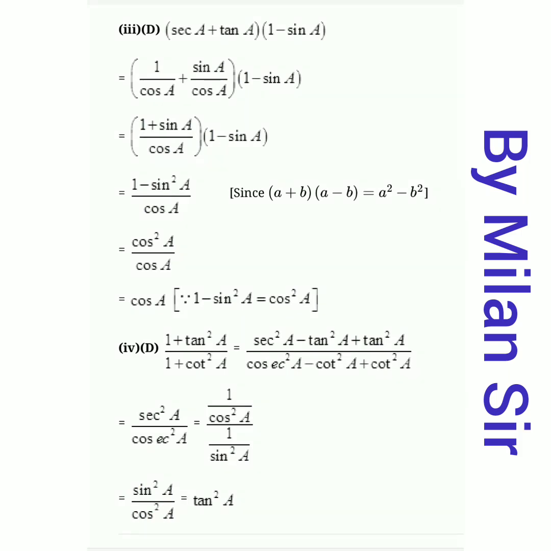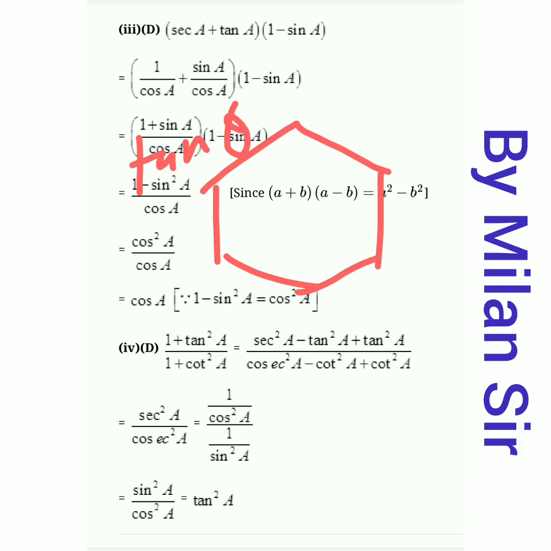We can also apply that formula, that means sec theta upon cosec theta is equal to tan theta. I explained this thing in the shortcut trick of trigonometric formulas, trigonometry part 3. Here tan theta is there, here sec theta, and here cosec theta. At that time I taught you that you can go in any direction.